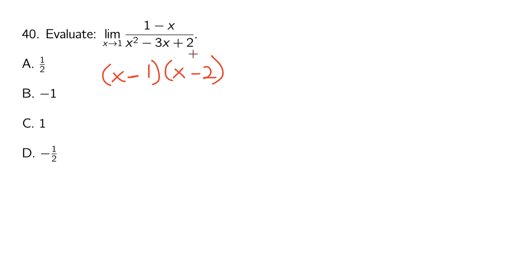Now, x minus 1 is the same as negative (1 minus x). So that's the trick. Let me write it more nicely: x minus 1 is equal to negative (1 minus x).